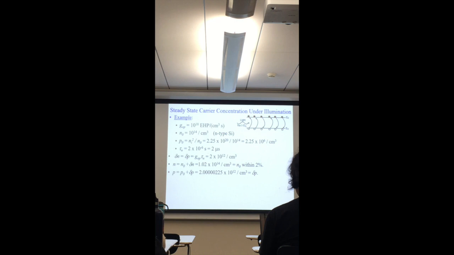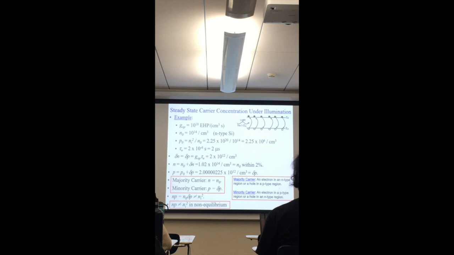So for these two different carrier concentrations, we can define majority carriers and minority carriers. Majority carriers means either electrons in an N-type region or holes in a P-type region.